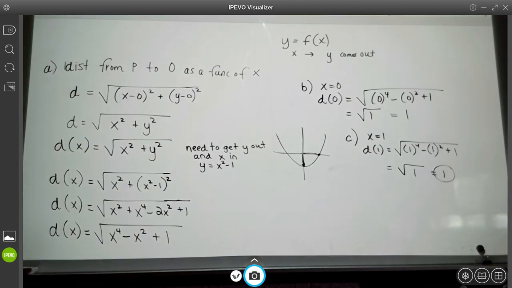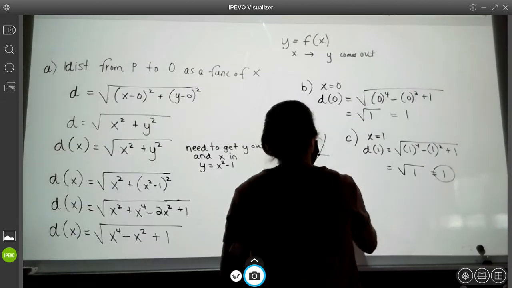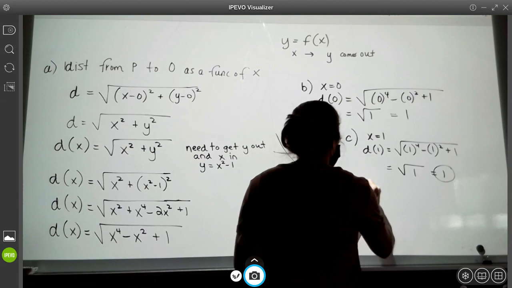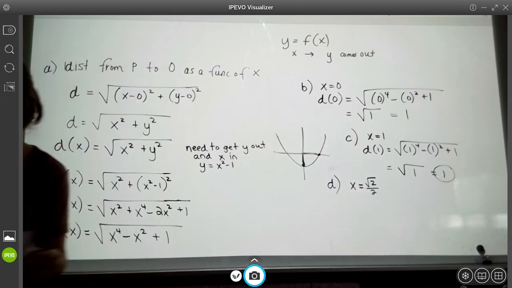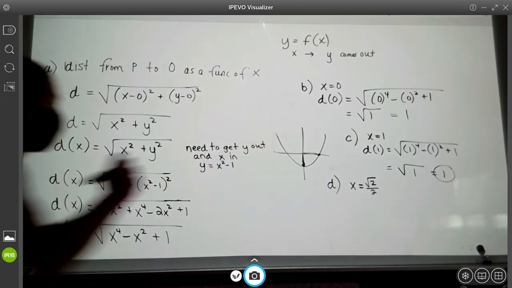All right, last one, part D. What if x is root 2 over 2? Let's plug it in and do a little math.